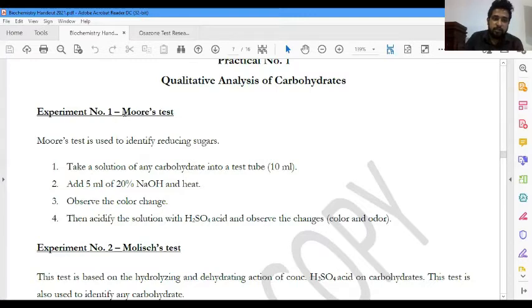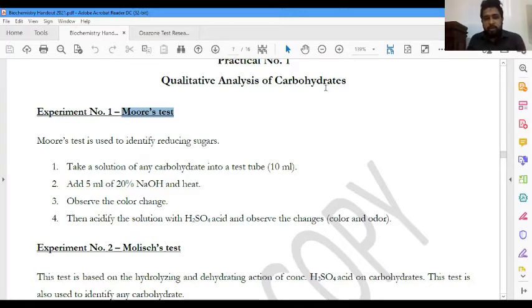That is Moore's test. Even last week, I told you that Moore's test is not a well established or well used method in biochemistry experiments, because the principle behind this is not a very solid one.